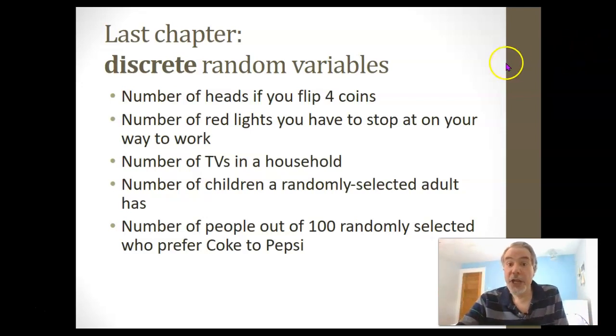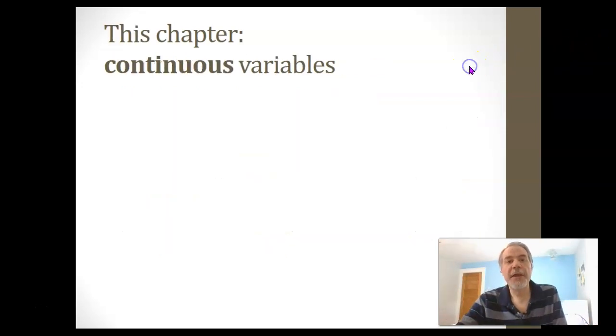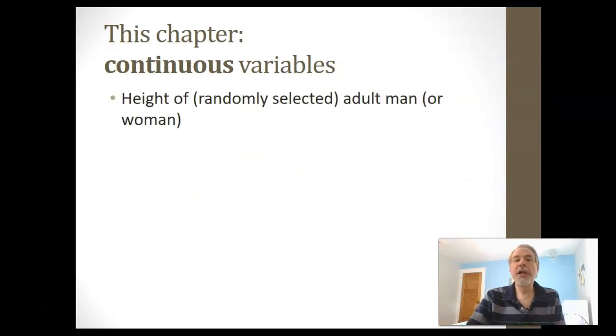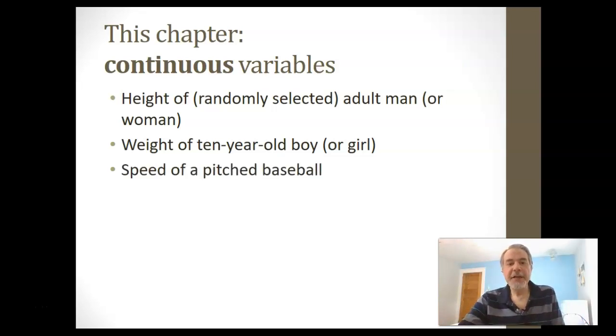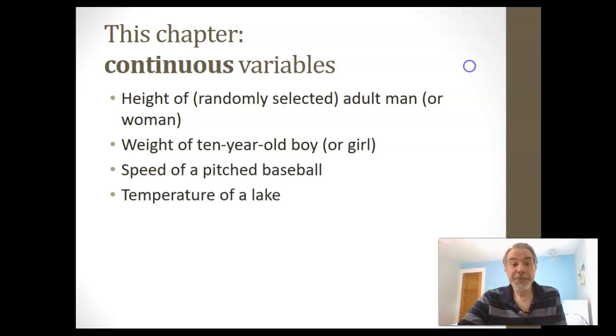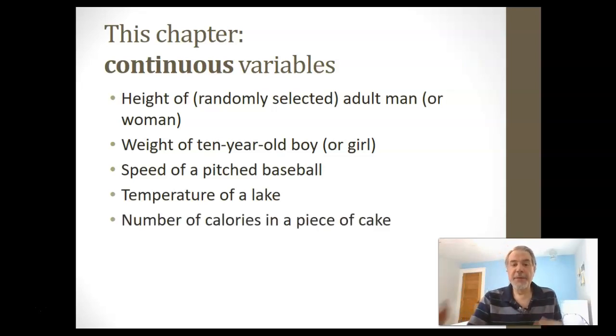But now in this chapter we're going to be working with continuous variables, like, for example, the height of how tall somebody is, the height of a randomly selected adult man or adult woman, the weight of a 10-year-old boy or girl, the speed of a pitched baseball, the temperature of a lake, the number of calories in a piece of cake.